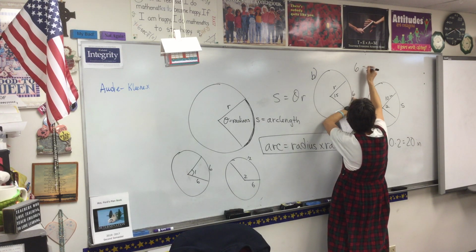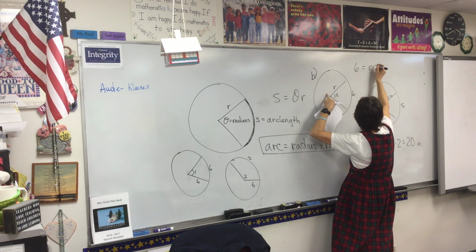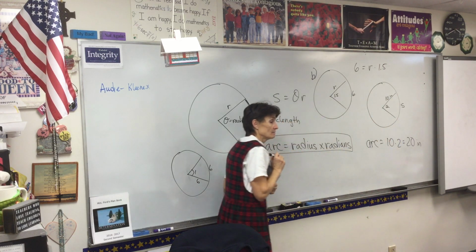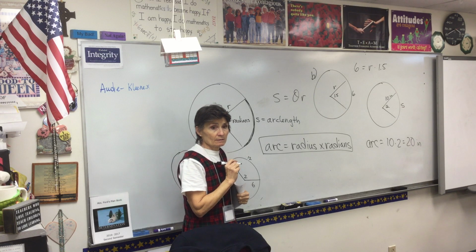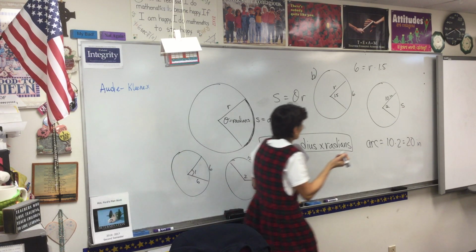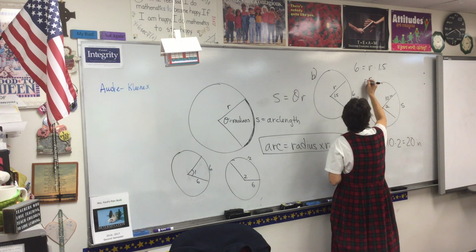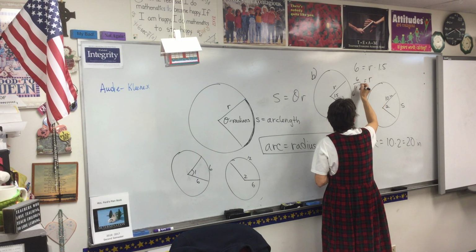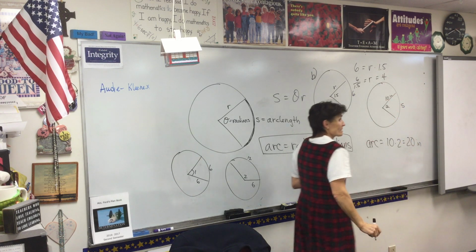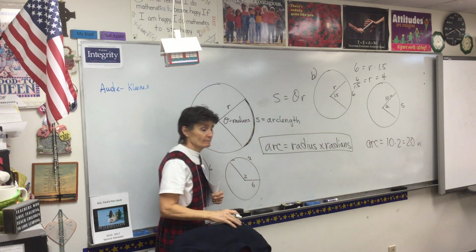Arc length equals radius times radians. Now we want to know what the radius is, so we'll do 6 divided by 1.5, which is 4. So our radius is 4.